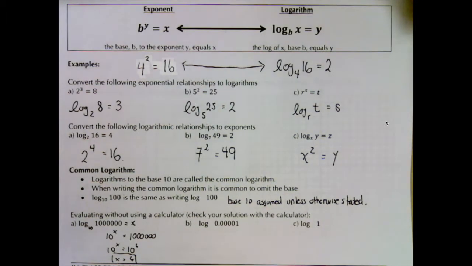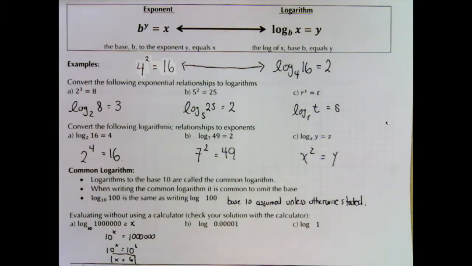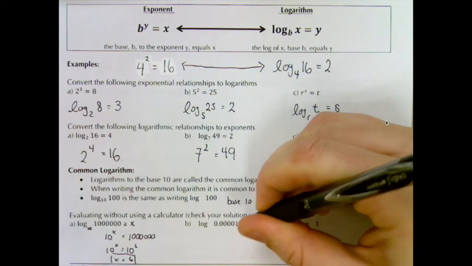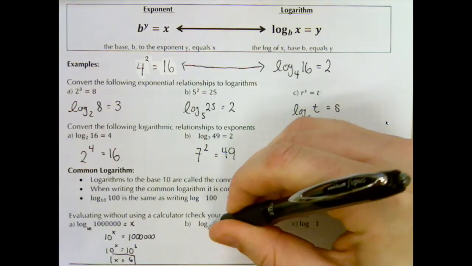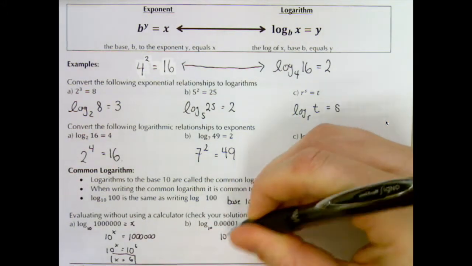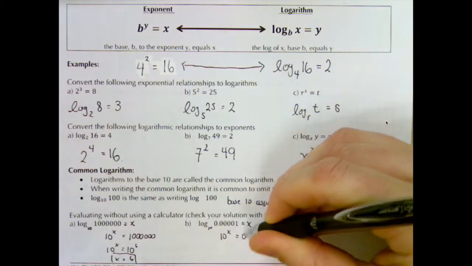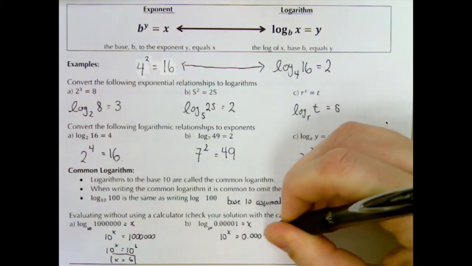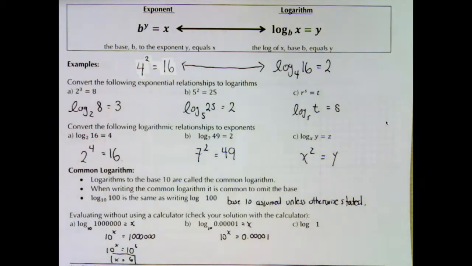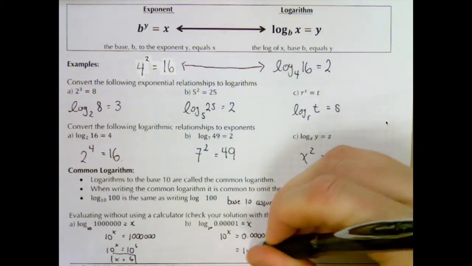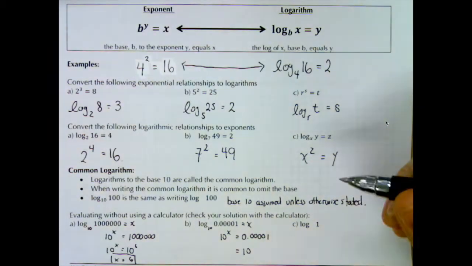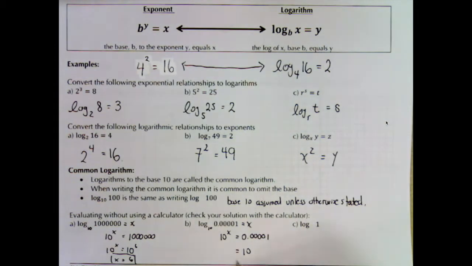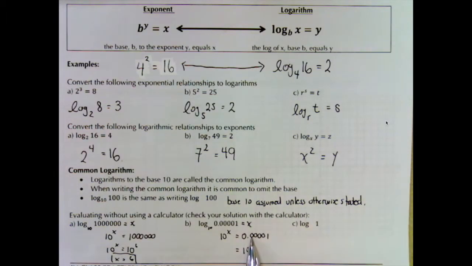So I'll do B. If we set this equal to x and rewrite it as a power, the base of the log is 10, so it's 10 to the exponent x equals 0.00001. And we need to ask ourselves, to what exponent do we have to raise 10 to get, not a tenth, not a hundredth, not a thousandth, not a ten-thousandth, but a hundred-thousandth.